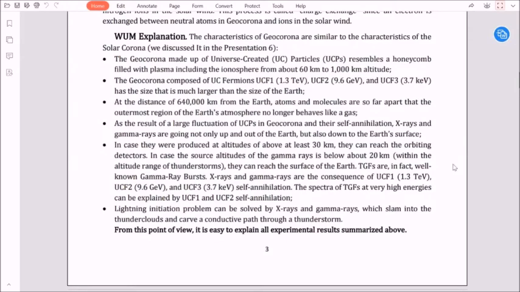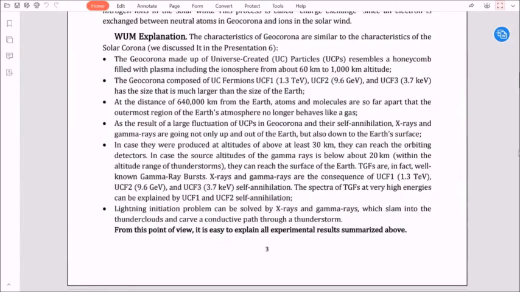TGFs are, in fact, well-known gamma ray bursts. X-rays and gamma rays are the consequence of UCF1 and UCF2 and UCF3 self-annihilation. The spectra of TGFs at very high energies can be explained by UCF1 and UCF2 self-annihilation.